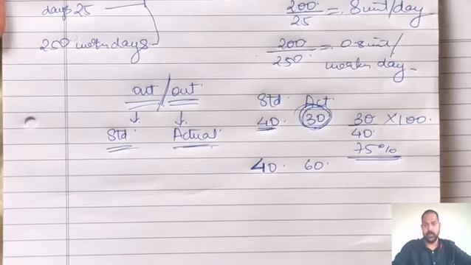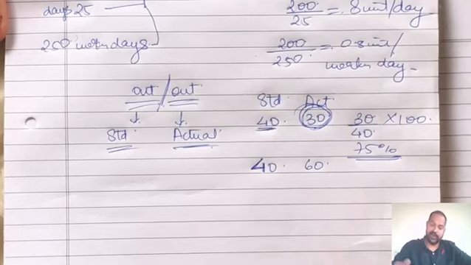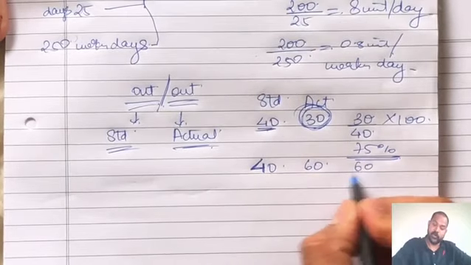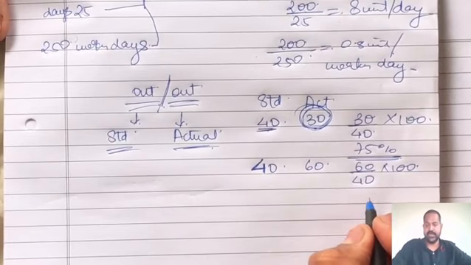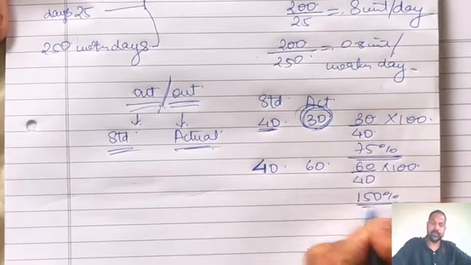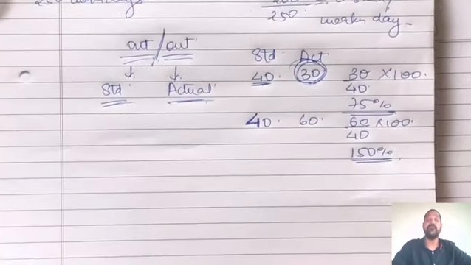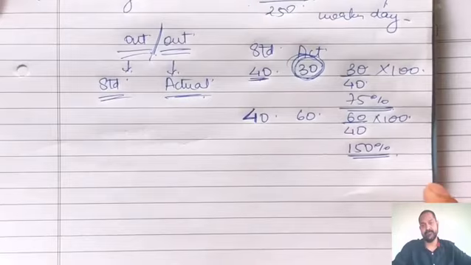Then, are you above 100 in productivity or below 100? Obviously above 100, which means the greater number should be on top and the smaller number below: 60 upon 40 into 100, which is 150%. I am giving you 50% more than the standard.